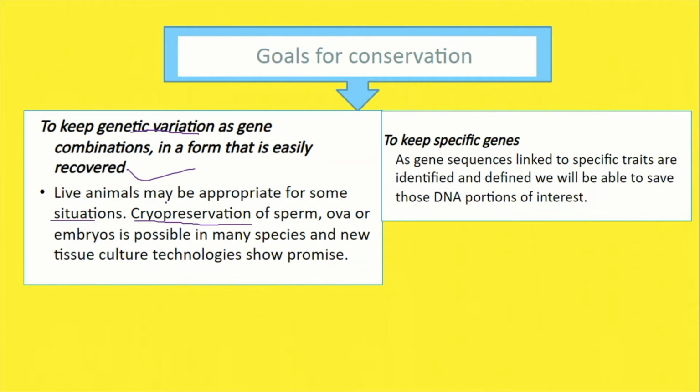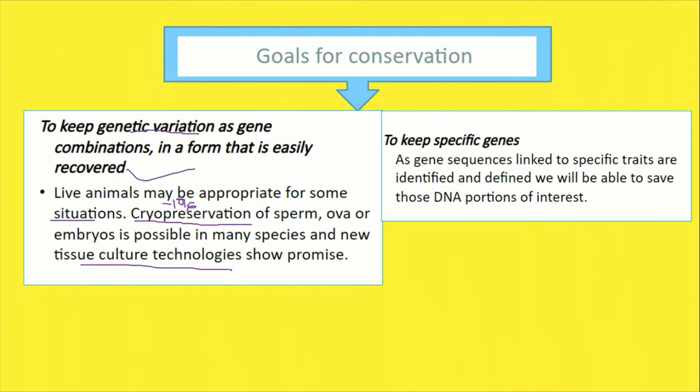We talked about very low temperatures, like that of liquid nitrogen, which is -196. We do cryopreservation, that's extreme freezing of sperm, ova, or embryos of many different species. And also new tissue culture technologies are showing promise in helping us keep these gene combinations.